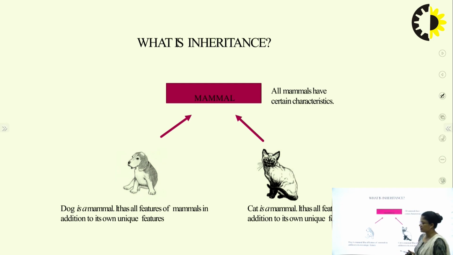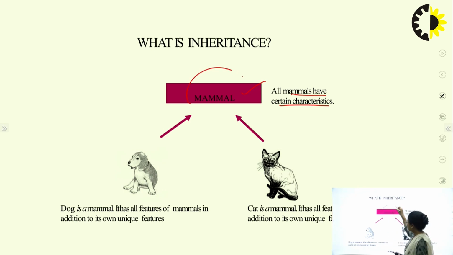Now, if we just take it diagrammatically, what is inheritance? We can take the example which we just took previously. We have mammal, and mammals are those set of animals which have certain characteristics, and those characteristics can also be modeled through the programming syntax of classes. We're not going into the modeling of the characteristics of mammal right now.